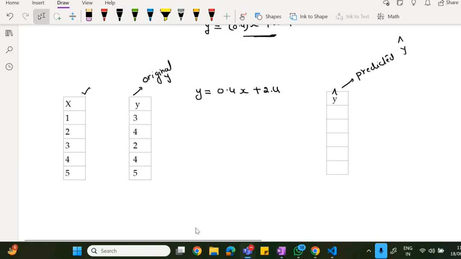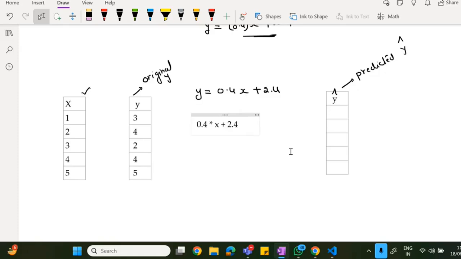Okay. Now, what we are going to do is give it one after the other. I'll take it as 0.4 into x plus 2.4.